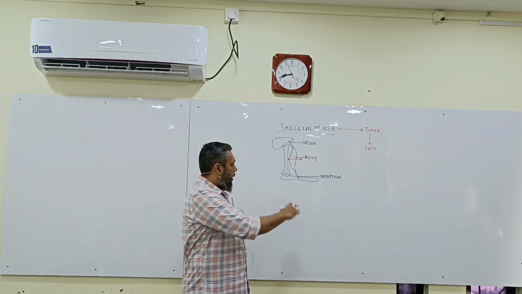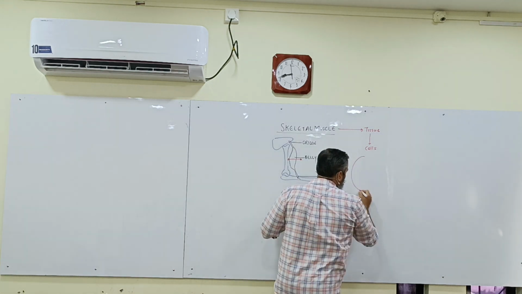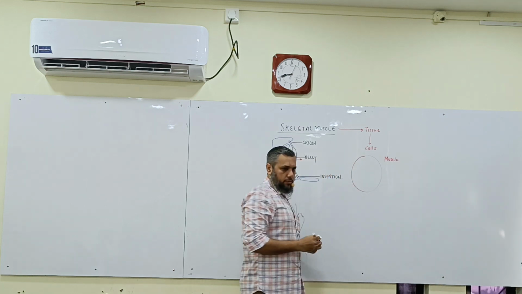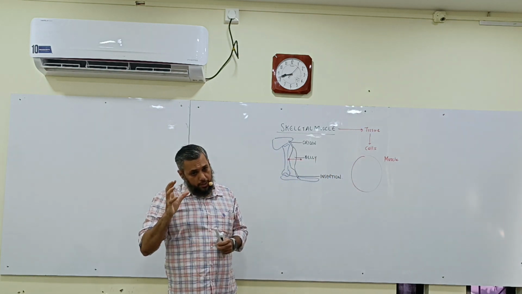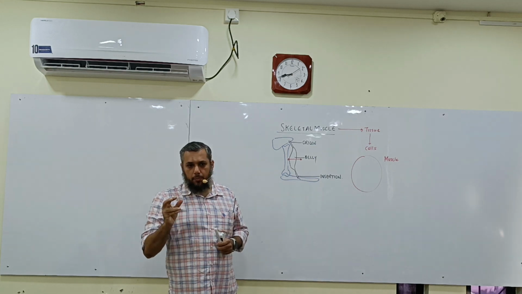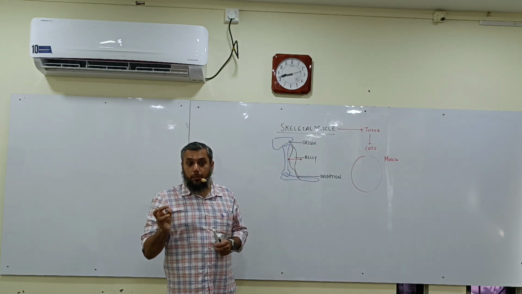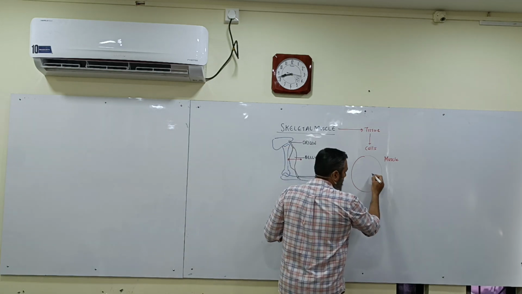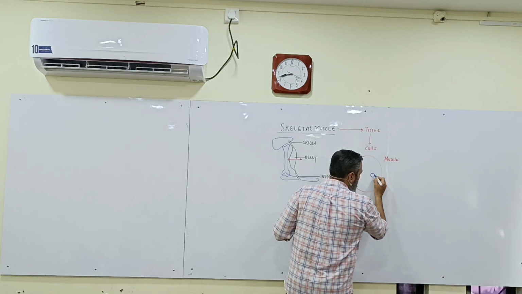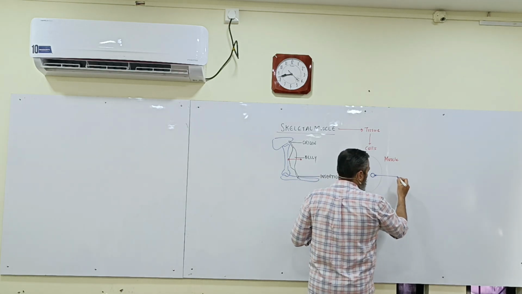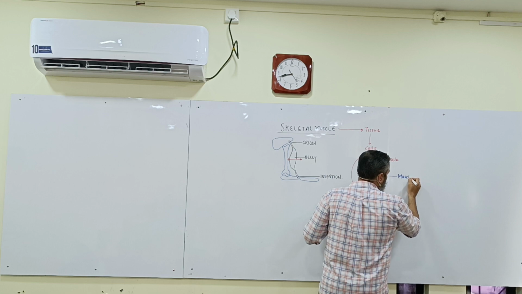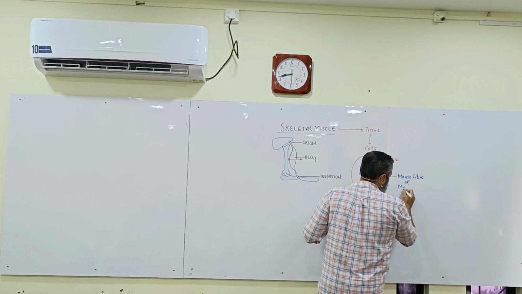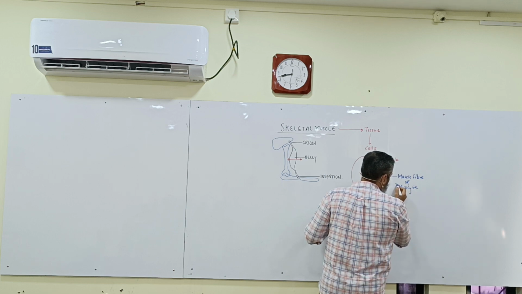So when I cut the belly, I am looking at the muscle. What am I looking at? The muscle. And the muscle is a muscular tissue which is made up of cells. Okay? And the cell, this is one cell, is called a muscle cell or a muscle fiber. It is also known as a myocyte.